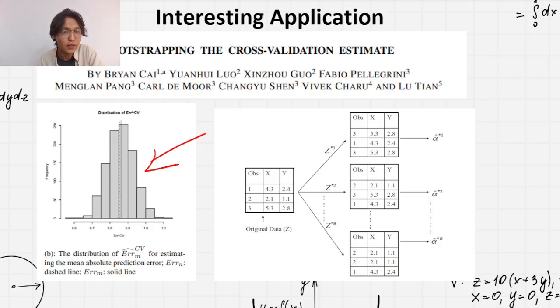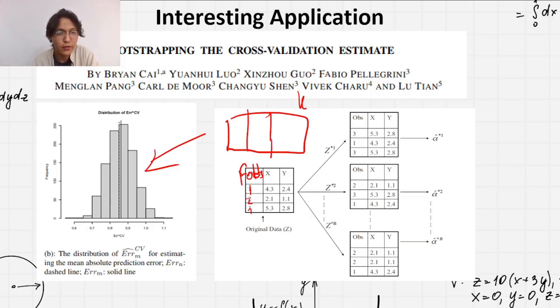How does it work? So we know that cross-validation is dividing the data into chunks, k-folds. Let's say we have k equals 3 here, and we see it right here. The observations are folds. So we see the 3 folds here, and then among them we choose 3 of them randomly with the same probability.